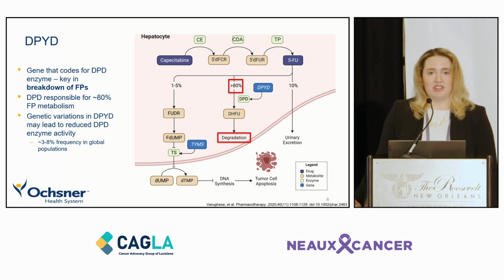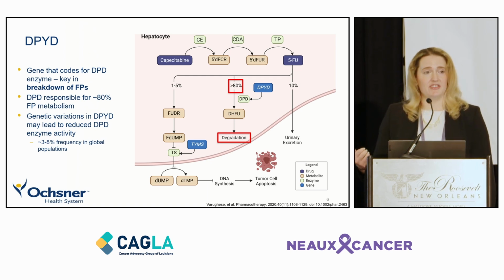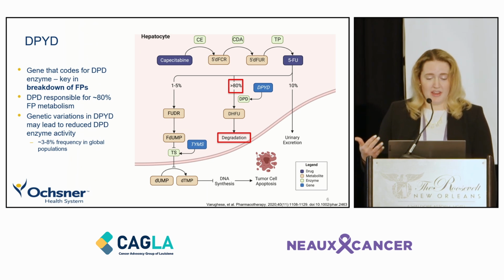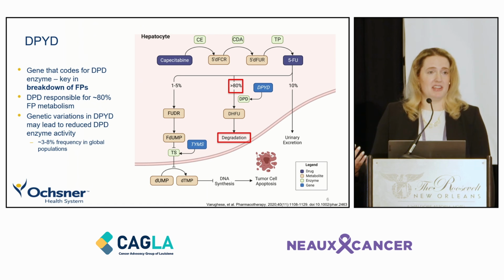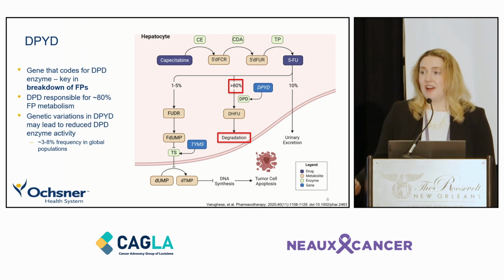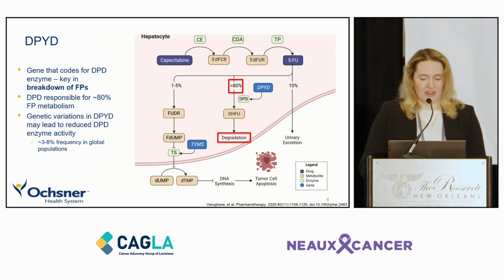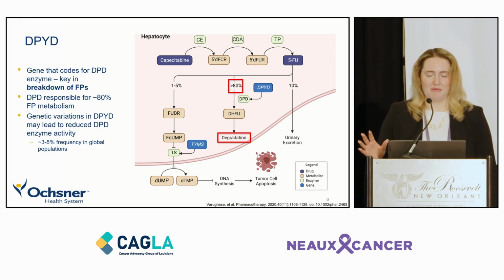So if a patient carries a DNA change that affects how much of that DPD enzyme they're able to produce, if patients aren't producing the enzyme required to break down the chemo, you're going to see more of that chemotherapy in their system. And when patients have higher levels of chemotherapy than we expect, their metabolism is shunted from this normal pathway where we get degradation and more towards these active metabolites. And when we have too many of these active metabolites in the bloodstream, this is what leads to the severe toxicities that we see in patients who have DPD deficiency.